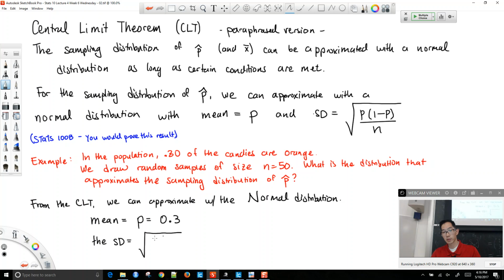The square root of p times 1 minus p divided by n, which is the square root of 0.3 times 1 minus 0.3 divided by 50. And so this gives me 0.3 times 0.7 divided by 50. I get a standard deviation of 0.06481.